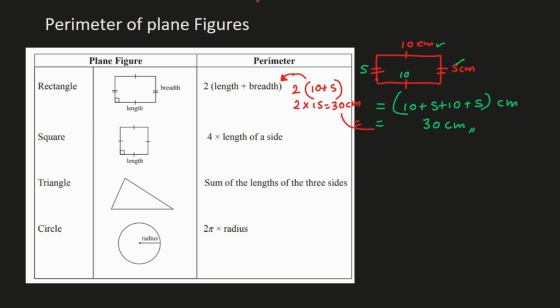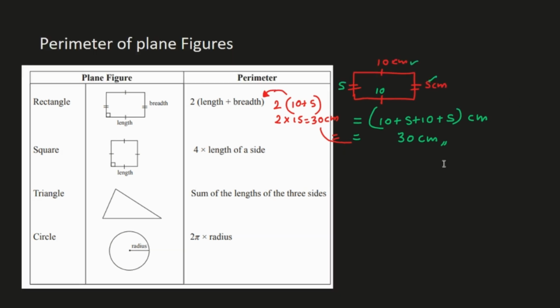Okay, so I hope that you got an idea about it. Then we come to the square. When a square is taken, you know that its four sides are equal to each other. So if you need to find the perimeter, what do you have to do? You can take the length of a side and multiply that value by 4 in order to find the perimeter of a square.